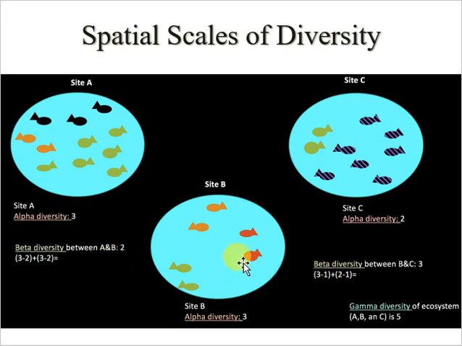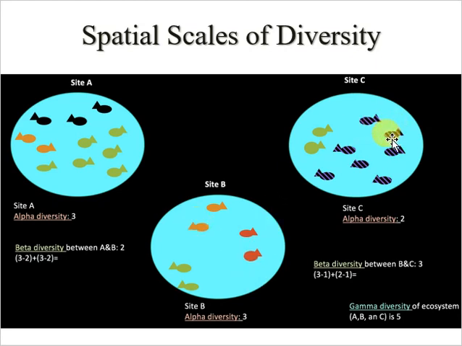Now for site B and C, you approach it the same way, right? For site B, we have 3 species of fish. And then looking between site B and site C, how many species are different? Well, let's see, site B has the green fish, and so does site C. But site C does not have the little red fish or the orange fish.